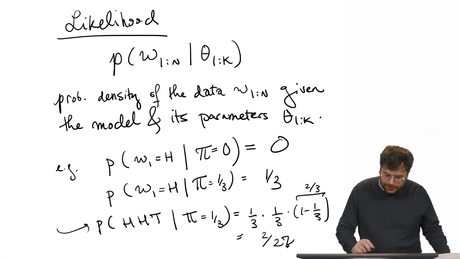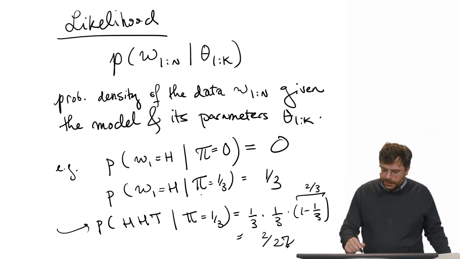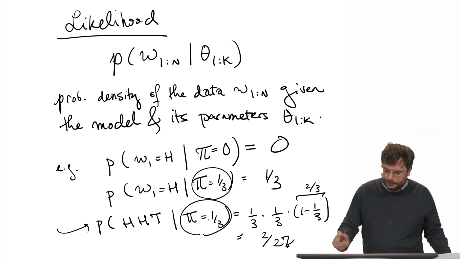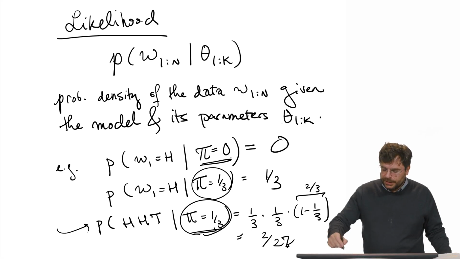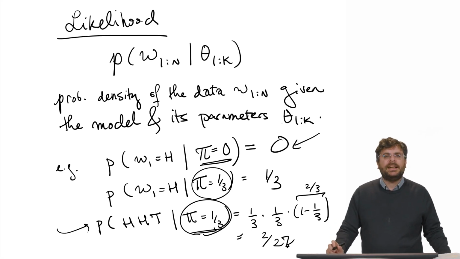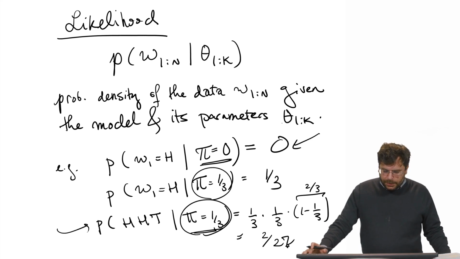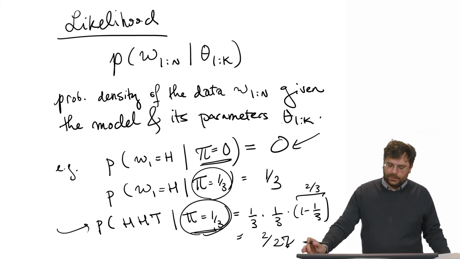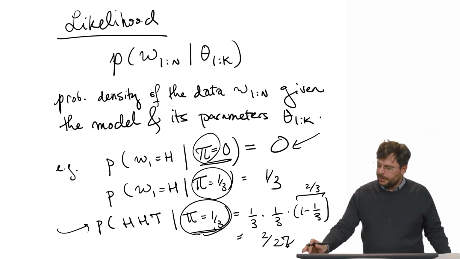Now, notice how the fact that I had specified the numerical value here changes my answer on the right-hand side, right? So, how can I use likelihoods in order to estimate pi? That's really my question, right?